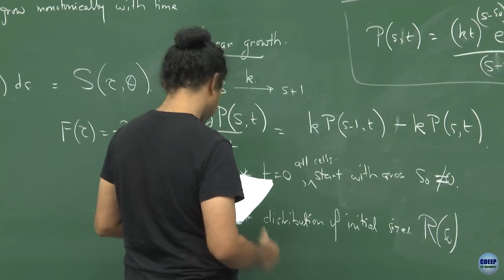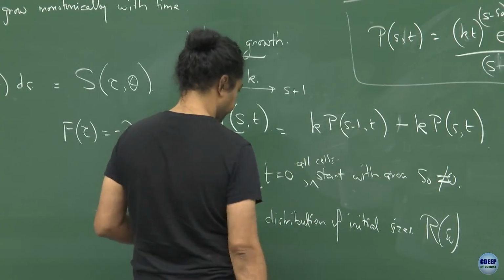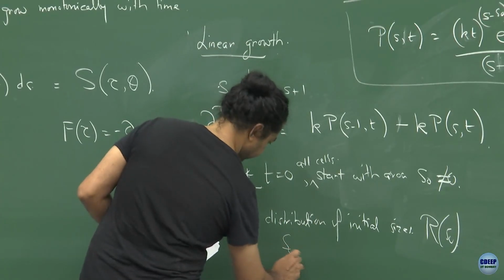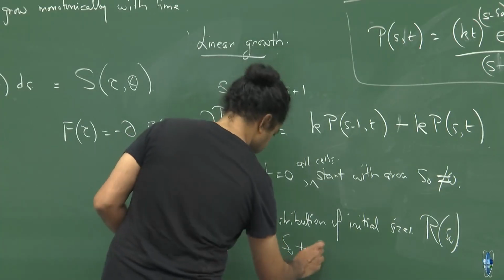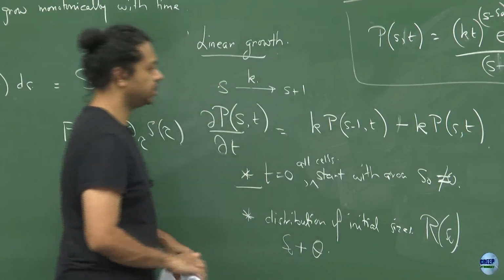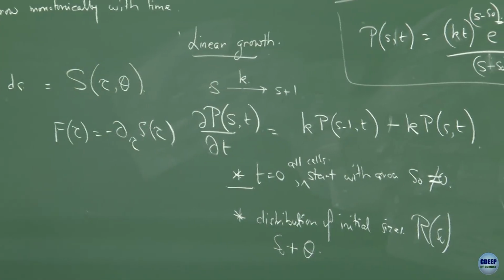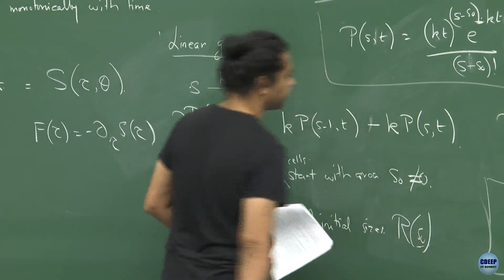Then the second one is differential size thresholding. So let us say that you start with S naught, and then you will divide when you reach some S naught plus theta. This is not some absolute theta, but some additive threshold S naught plus theta. And you can have some distribution of initial sizes R of S naught.